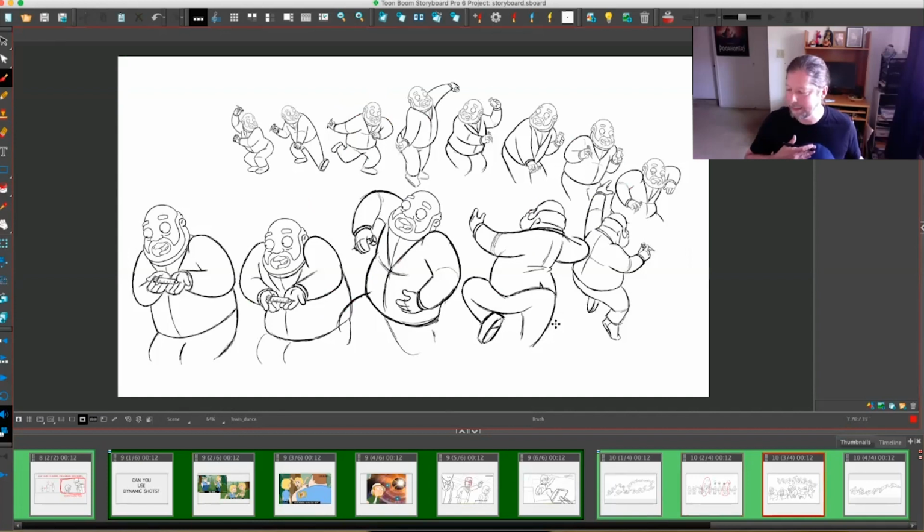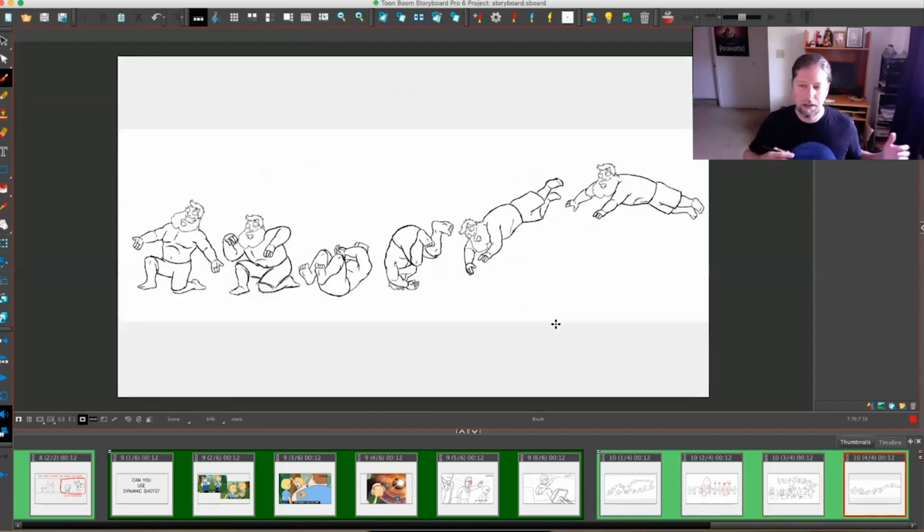This is a dance that I think took all of 3 seconds that was eventually cut from the episode anyway, just for time. But you just want to make sure that if dancing, fighting, some sort of movement comes up, that you are able to draw enough to get that action across.